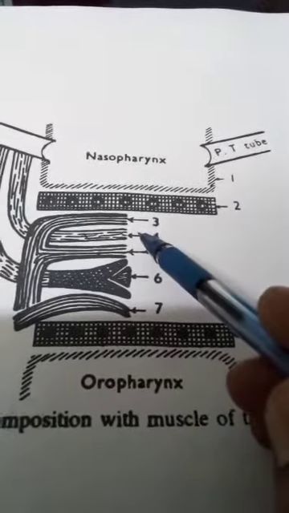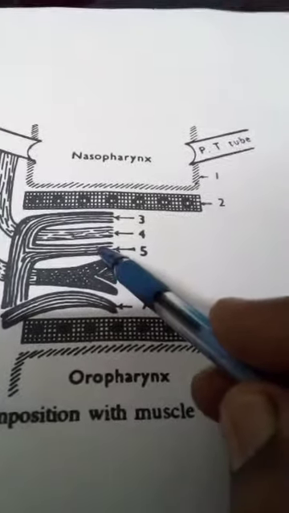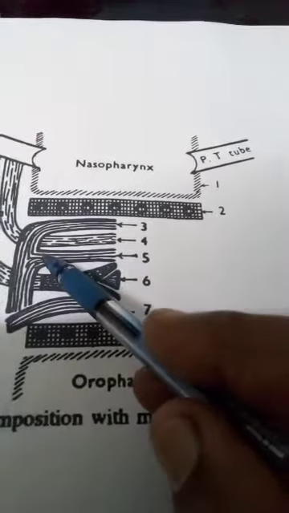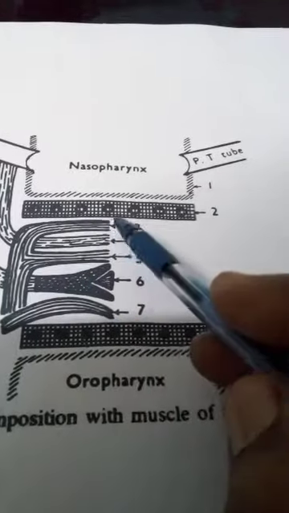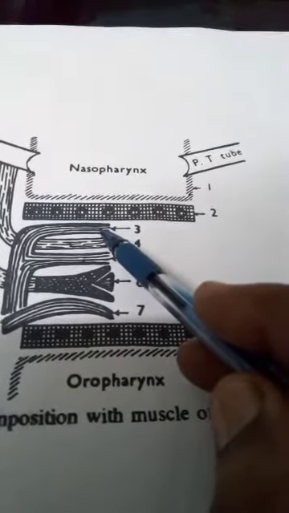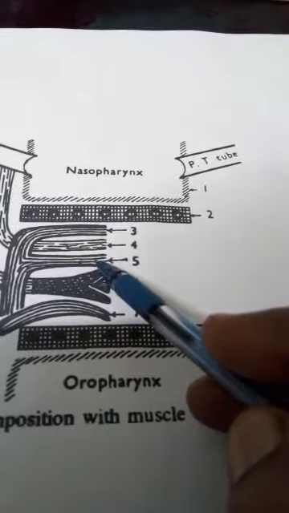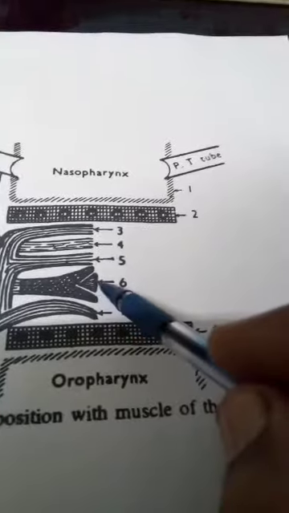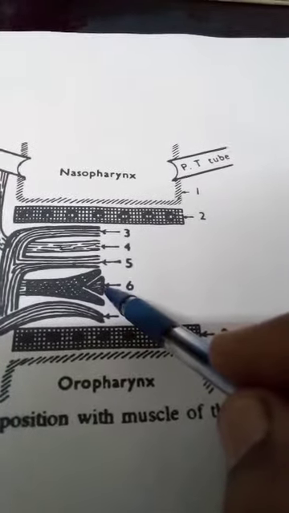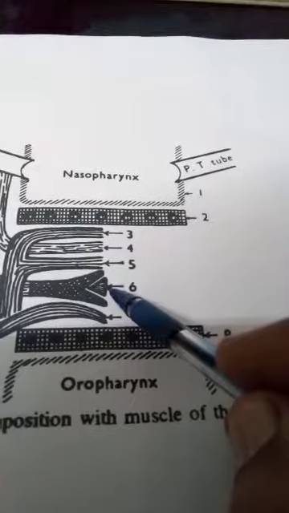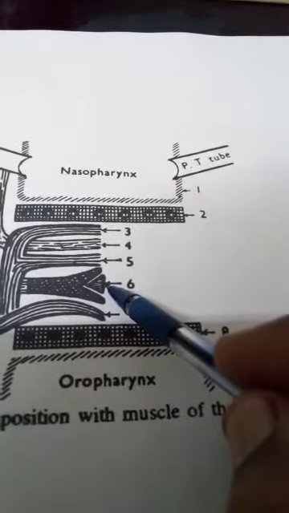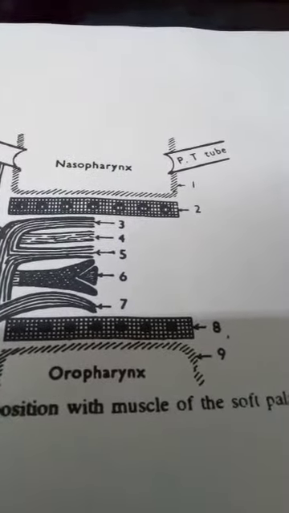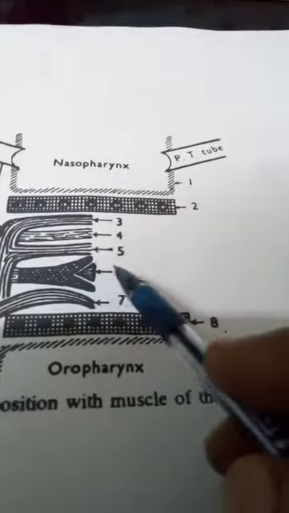After levator veli palatini, you appreciate one muscle. It is the anterior fasciculus of the palatopharyngeus. So, this one is the posterior fasciculus, this one is the anterior fasciculus of palatopharyngeus. Next, this is the tensor veli palatini muscle ending in the palatine aponeurosis, which splits to enclose the musculus uvulae.